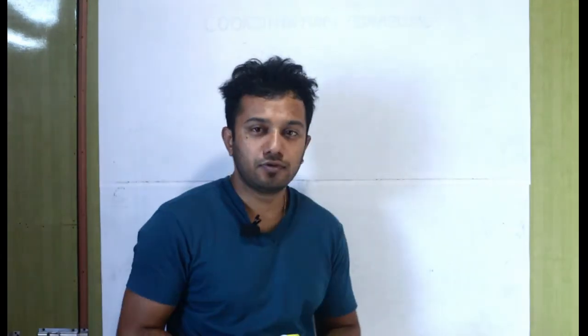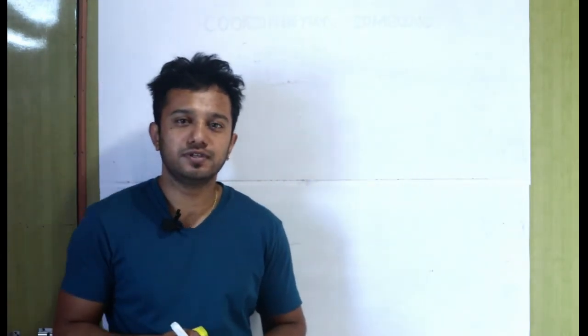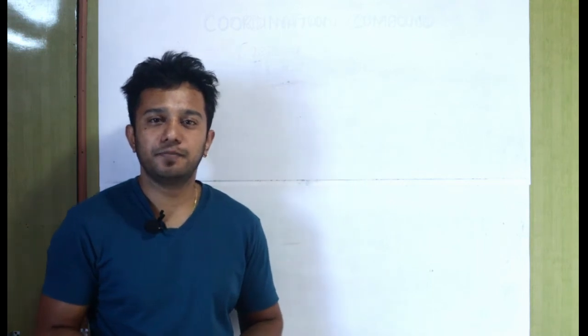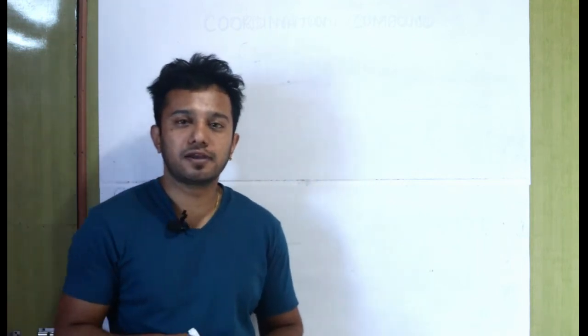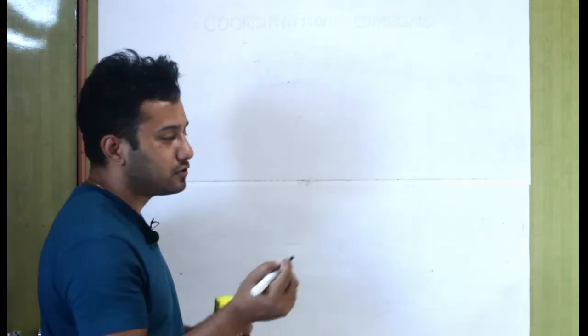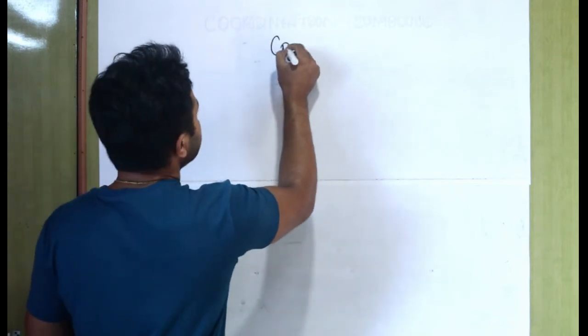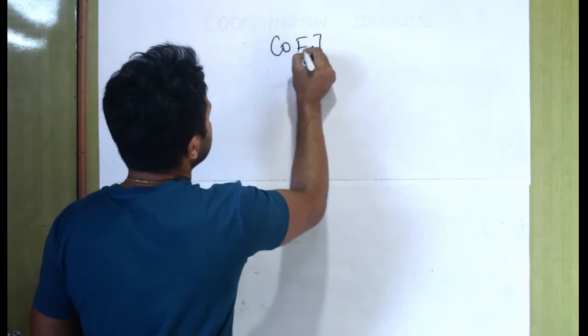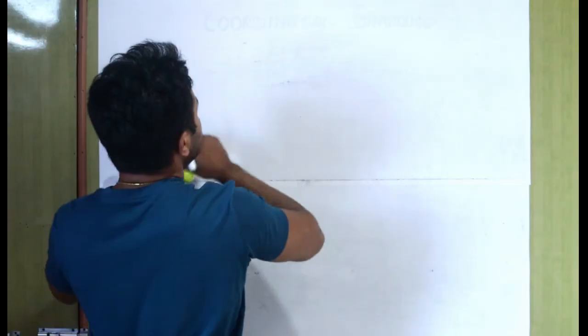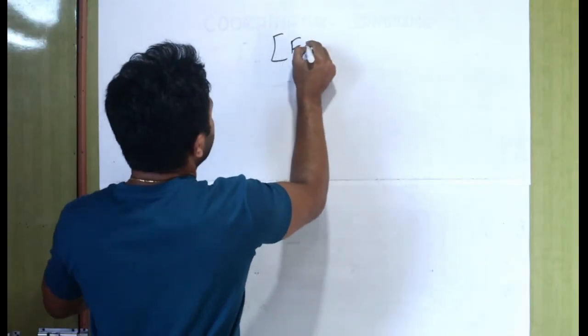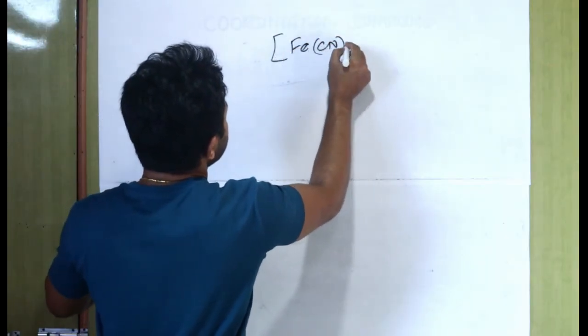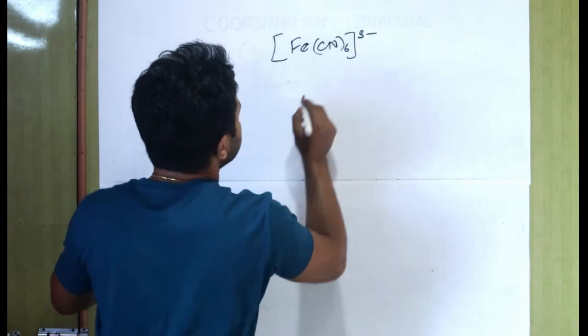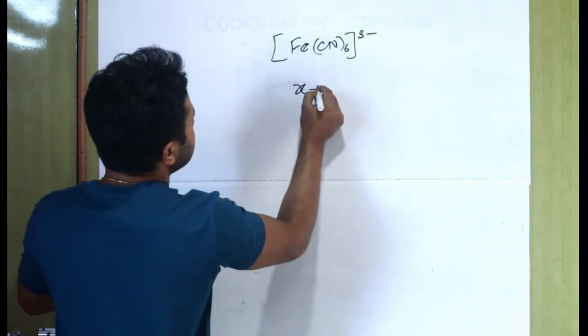Now using crystal field theory, we shall learn to find the number of unpaired electrons and the magnetic properties of coordination compounds. So let's say we have [Fe(CN)6]3-.